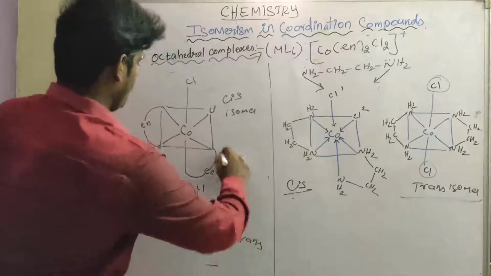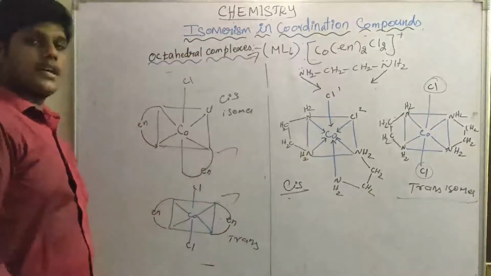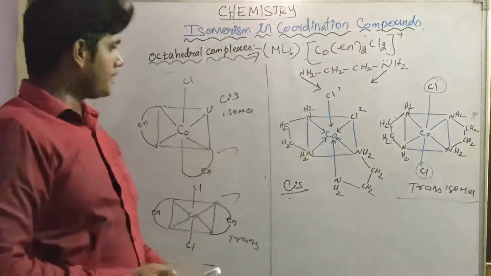So these are the cis and trans isomers for a bidentate ligand.